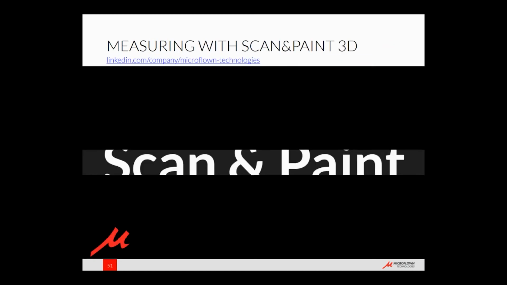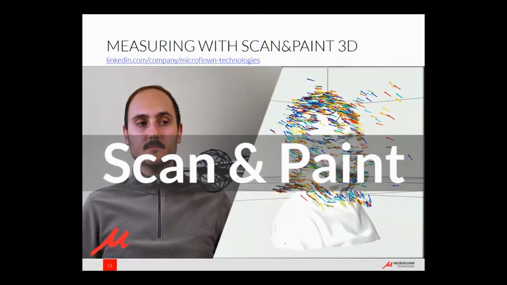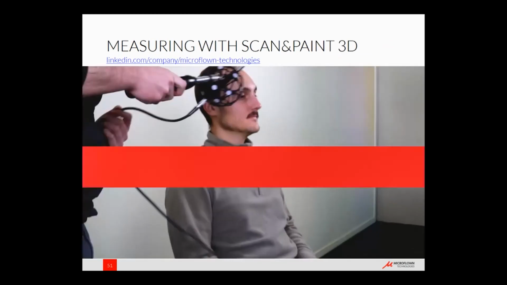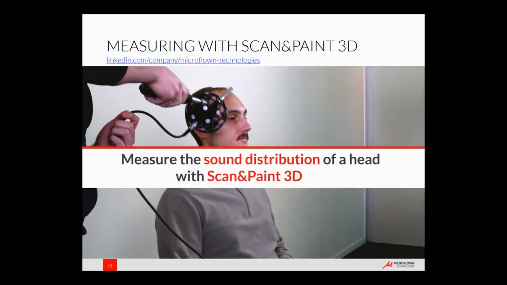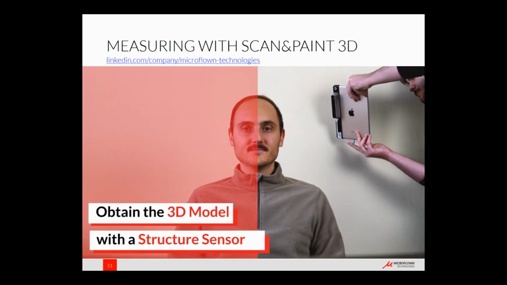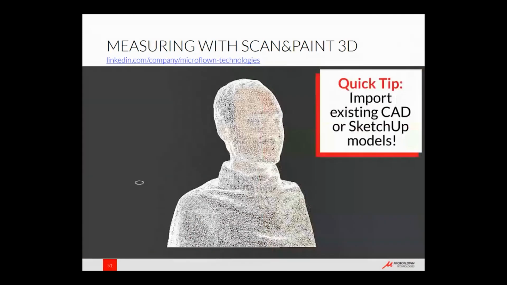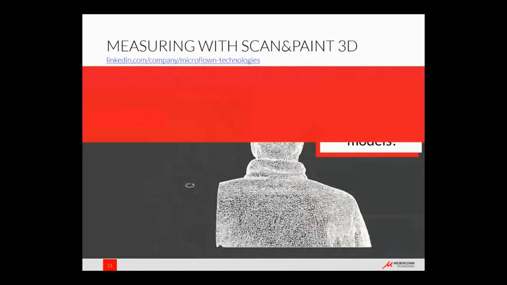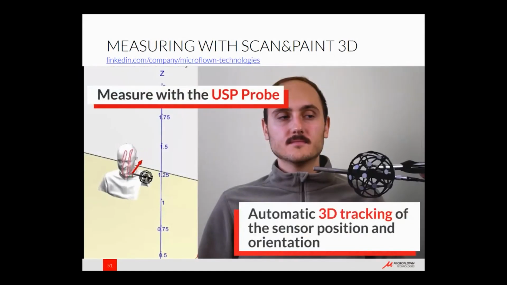So how does it work with Scan and Paint 3D? We can measure all around, in this case, the head. What we first do is create a 3D model. We can load one if we have it, but we also have a tool, as you can see here, to scan and quickly get a 3D model.